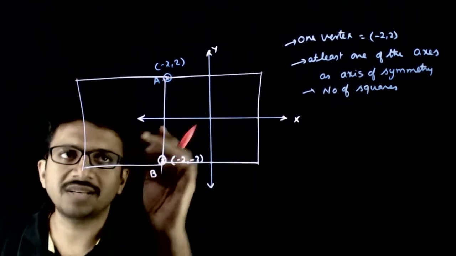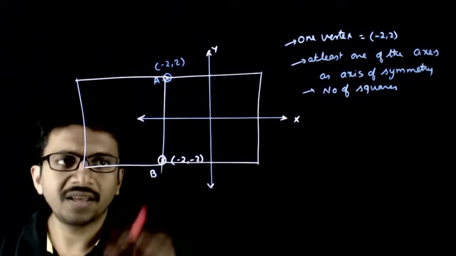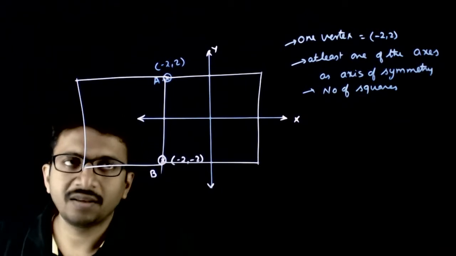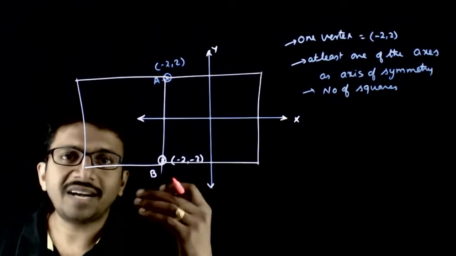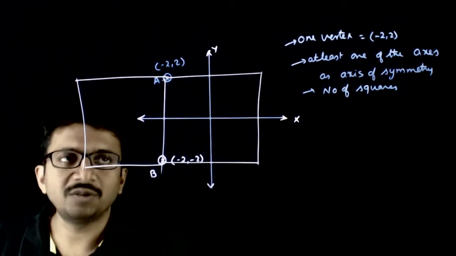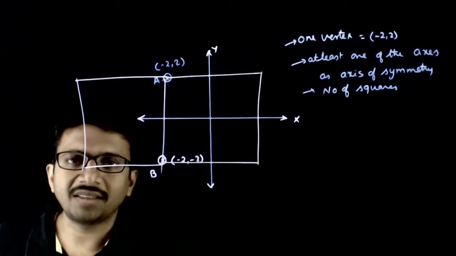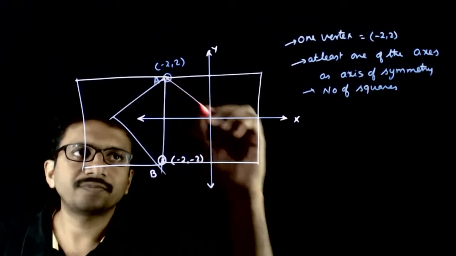There are two possible squares, for both of which the x-axis is the axis of symmetry, and these two points are adjacent points. And if these two points are diagonally opposite points, then you get another case where the square can look like this.